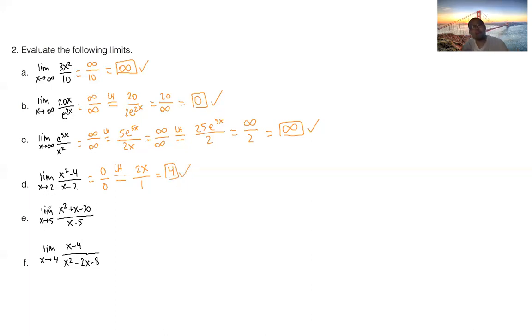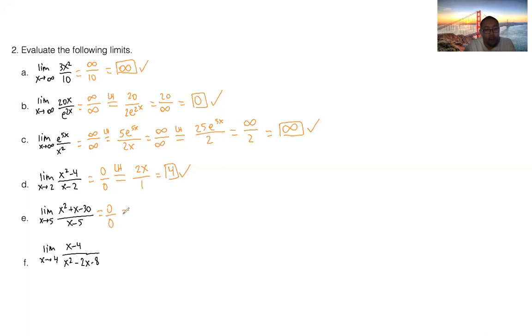Here, the limit as x approaches 5 of x squared plus x minus 30 over x minus 5. When you evaluate at 5, this is going to give you 5 squared, which is 25, plus 5, which is 30, minus 30 is 0. X minus 5, that's going to give you 0 over 0.